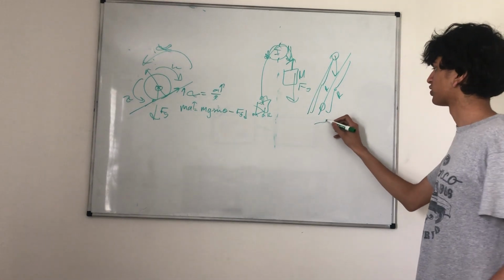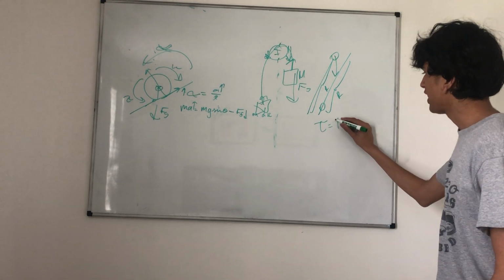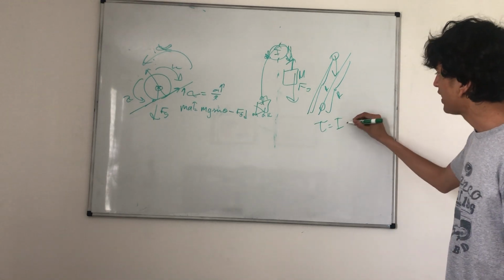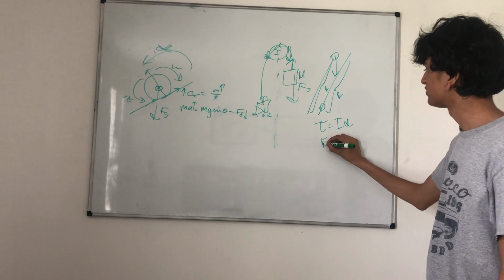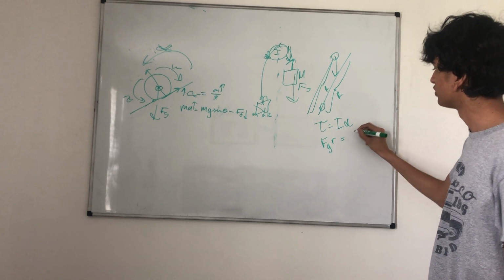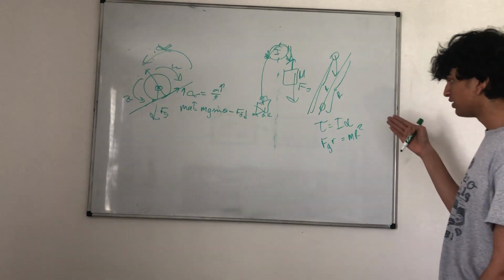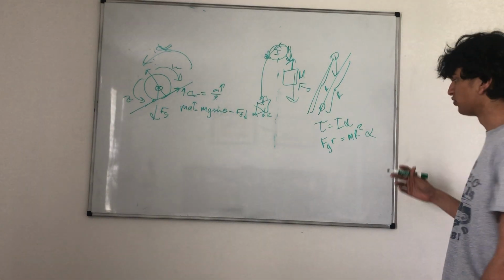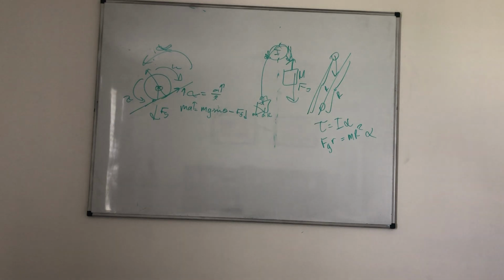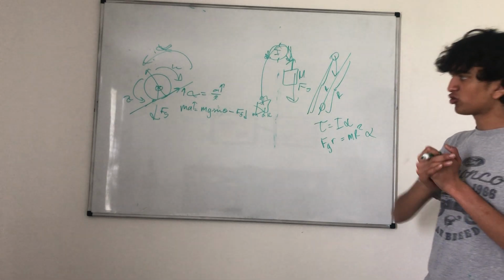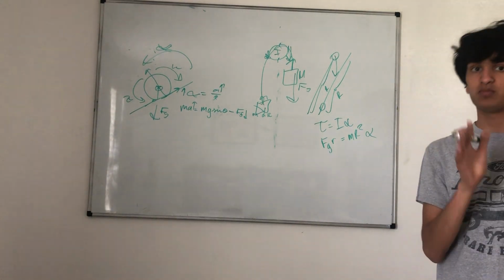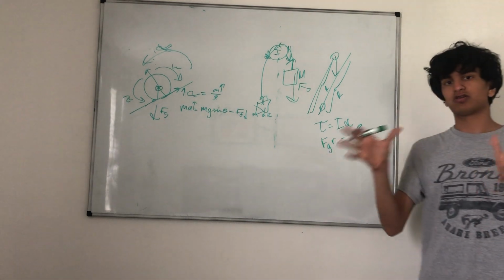Well, torque is equal to I alpha. So force of gravity times r is going to equal mr squared, or some fraction of that. The r is squared. So if your distance doubles, sure, you have twice the torque, but you have 4 times the rotational inertia.